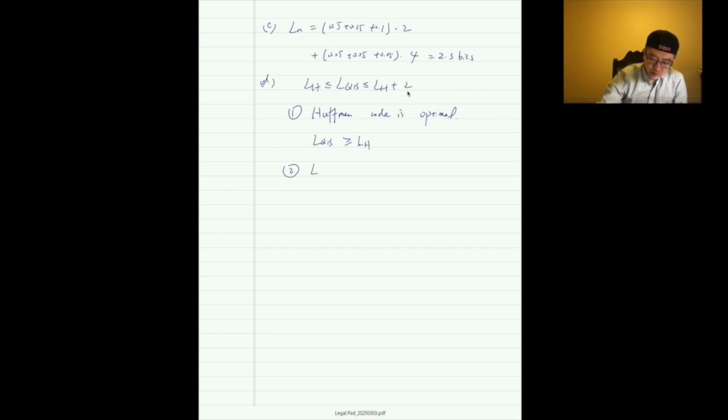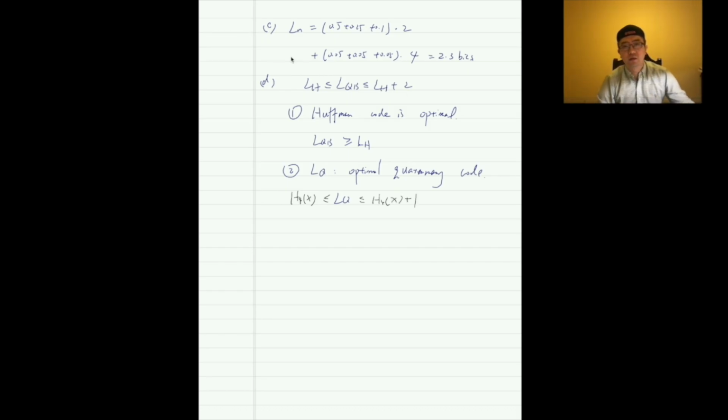So we introduce a notation LQ to denote the optimal quaternary code. Here we know it's a prefix code, right? For a prefix code, we can actually show this bound. Here this 4 basically means that the base of the log is 4 instead of 2.